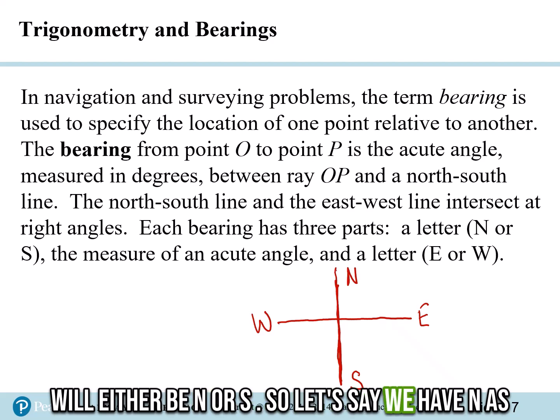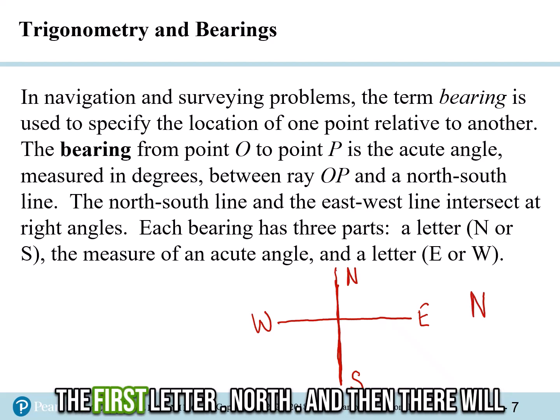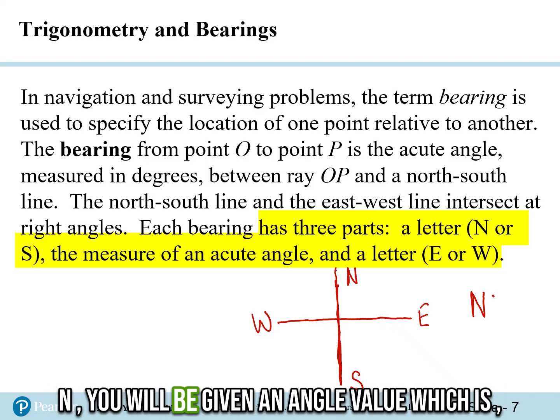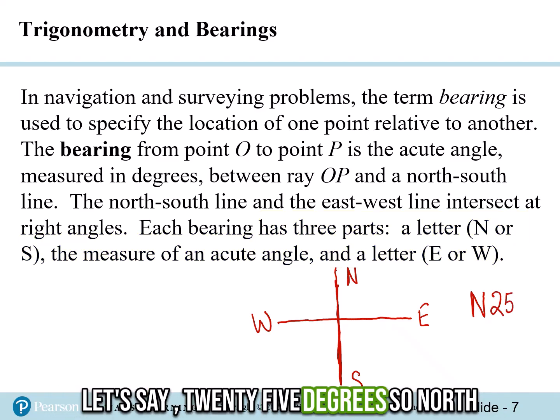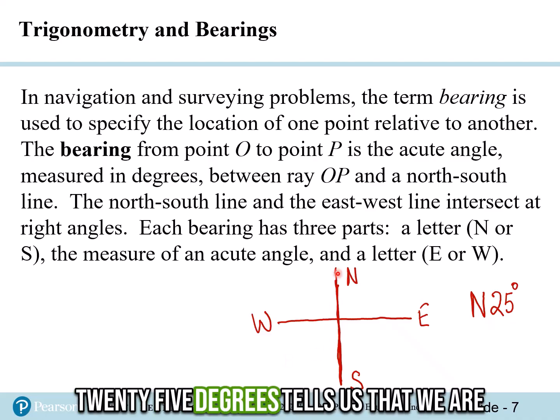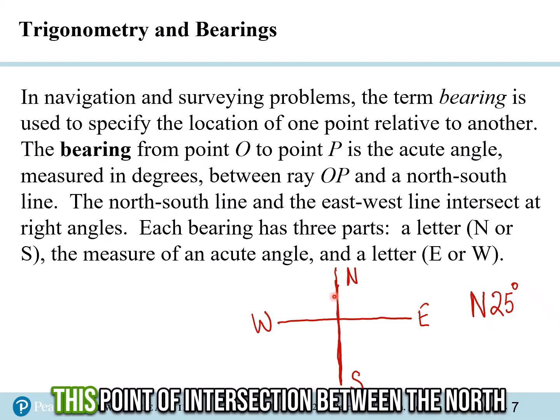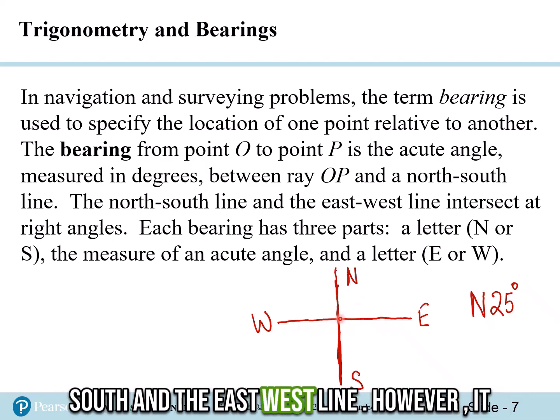So let's say we have N as the first letter, north, and then there will be an angle value given to you. So right after N, you will be given an angle value which is, let's say, 25 degrees. So north 25 degrees tells us that we are making an angle of 25 degrees from this point of intersection between the north-south and the east-west line.